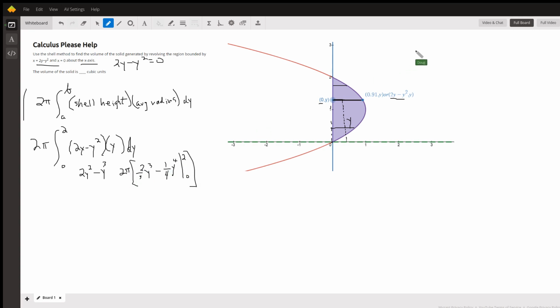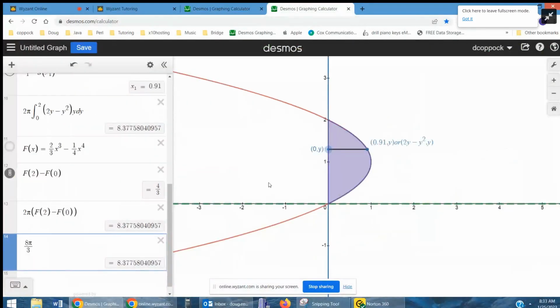Okay, so I'll share my screen real quickly. Go to Desmos. Again, there's your shell. And you can see that this is the x coordinate for each y between 0 and 2.